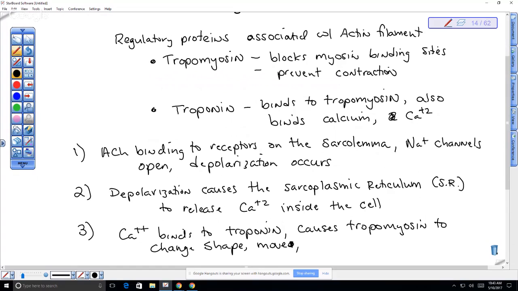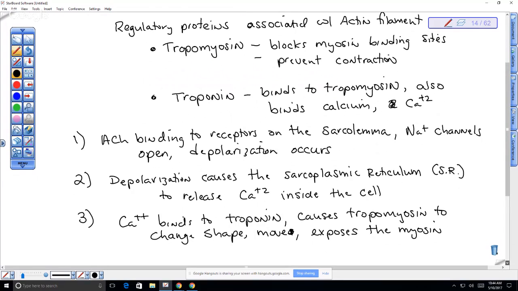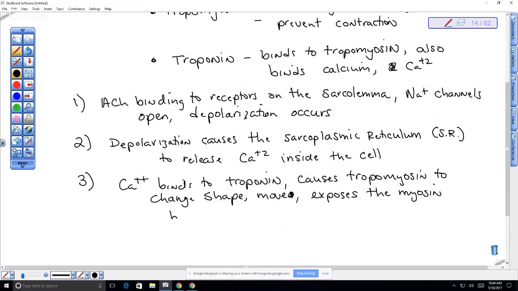And then it exposes the myosin binding sites. So what this means is that contraction can only occur if calcium is released.